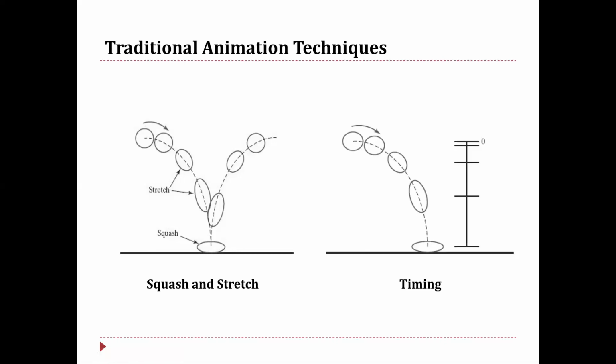Object movement can also be emphasized by creating a preliminary action that indicates an anticipation of the coming motion. However, instead of saying anticipation, I would just say the two main techniques adopted by film animators are the squash and stretch and the timing technique.